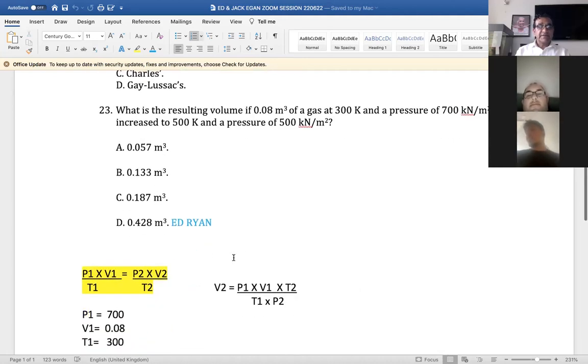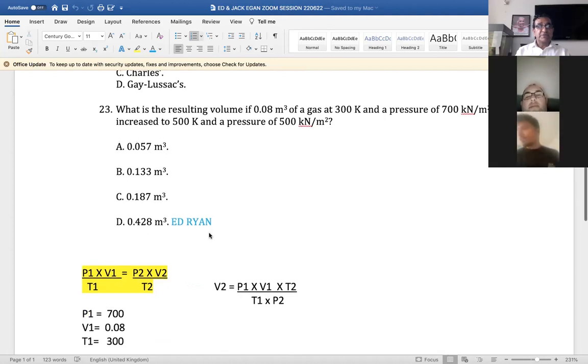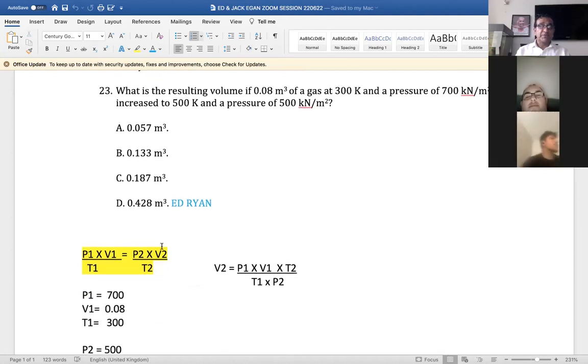The formula we used last week is P1 times V1 over T1 equals P2 times V2 over T2. Then we have to transpose because we're trying to find the final volume after the process.